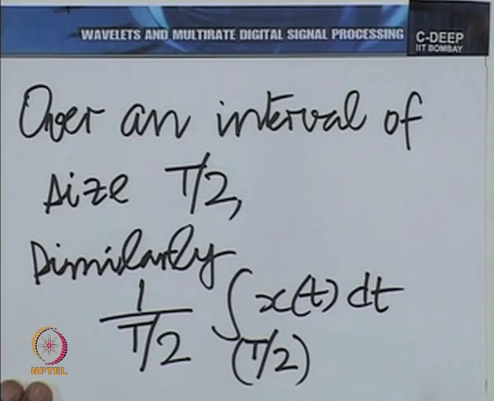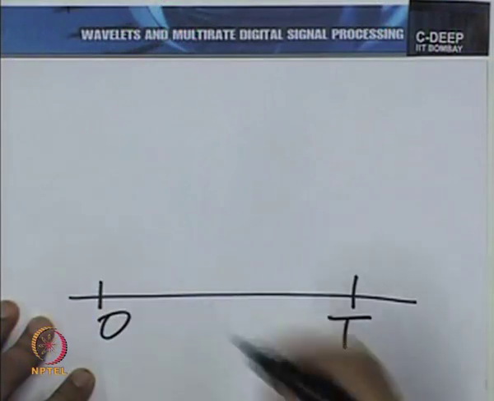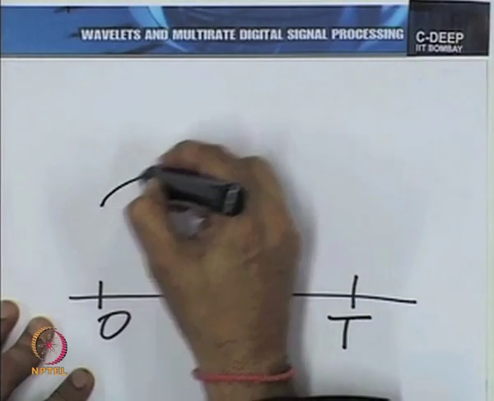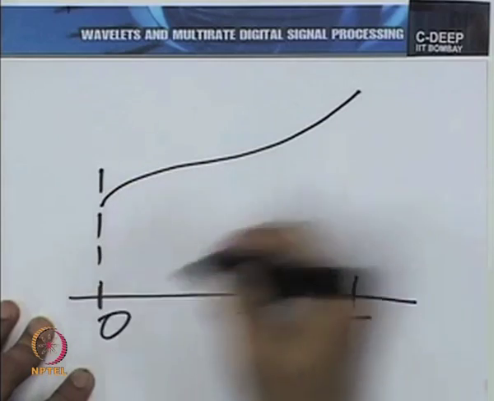Now, we are going closer to the idea of wavelets. Let us pick a particular interval of size t. In fact, again without any loss of generality, let us choose the interval from 0 to t and divide it into two subintervals of size t by 2. So, what I mean is, take this interval of size t, 0 to t, I am expanding it. So, you have this function here over that interval.